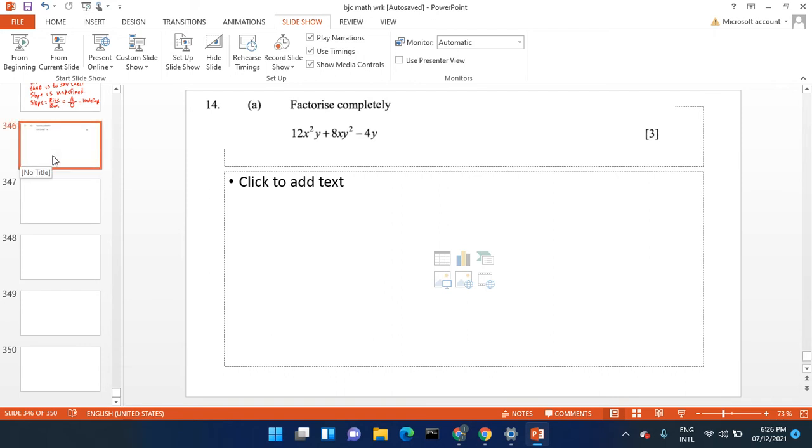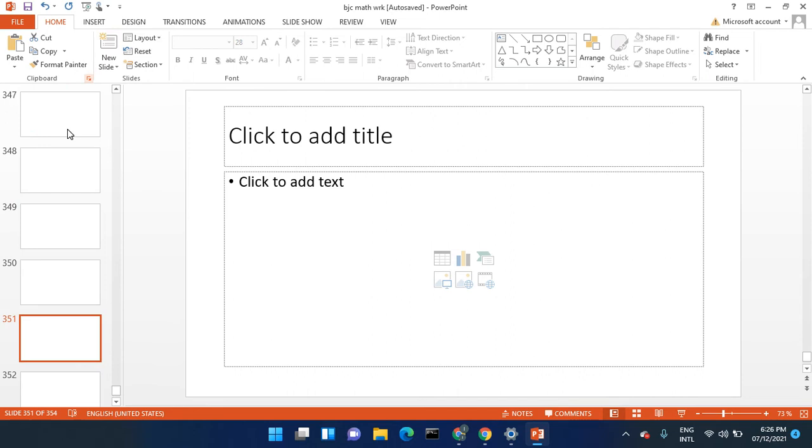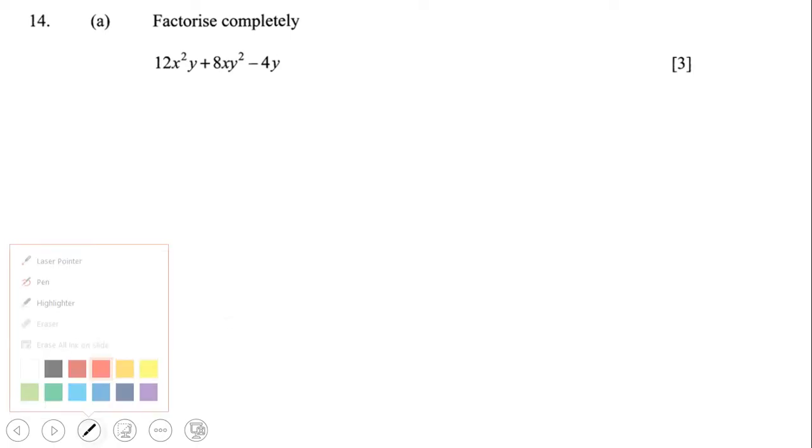We're gonna begin with this first question for the night on factorization. We should do several examples because I don't know if the first one is gonna be enough for you to really get it.